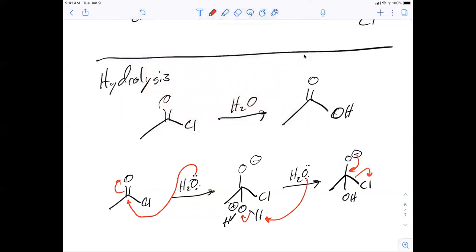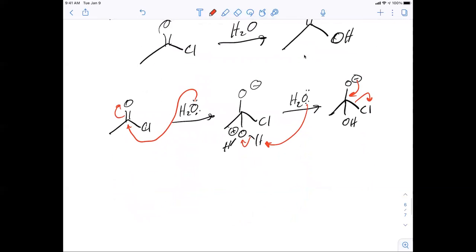Negative charge comes down, kicks off the chloride. Right, a nucleophilic substitution.